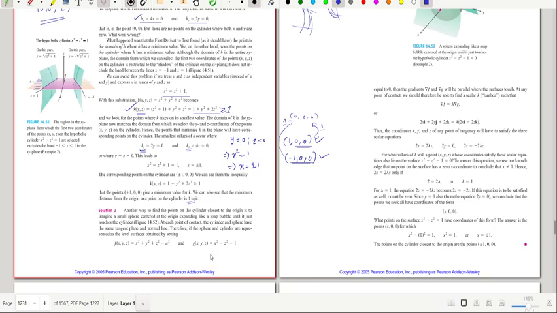Another interesting idea is another method of finding the minimum value. In order to find the minimum distance, we consider a small sphere like this, and try to enlarge this sphere with its radius, and find out the sphere which touches this hyperbolic cylinder.